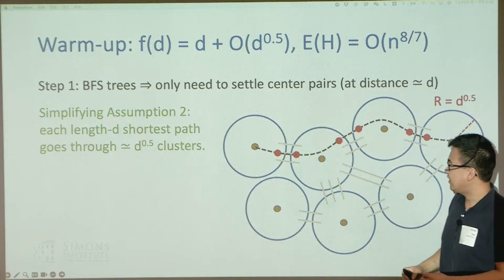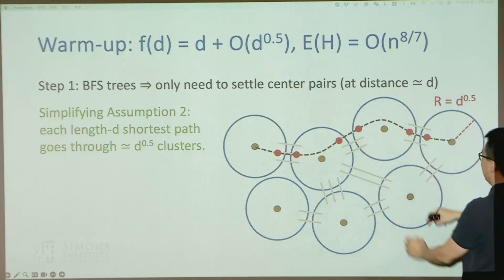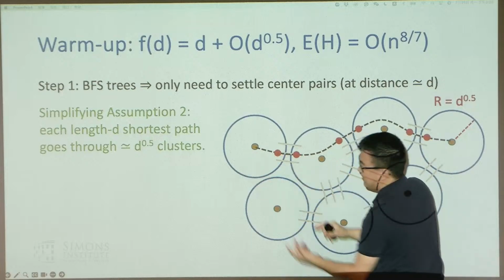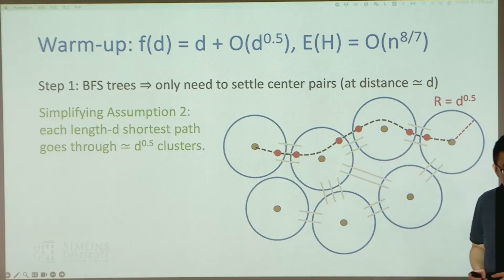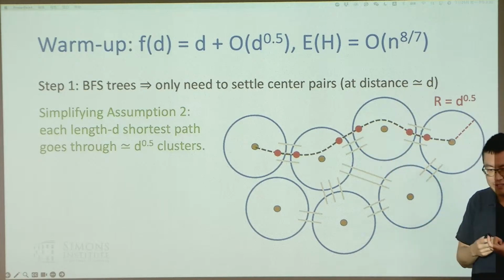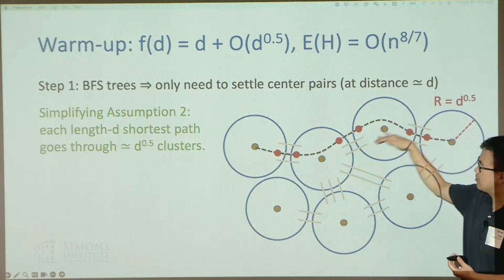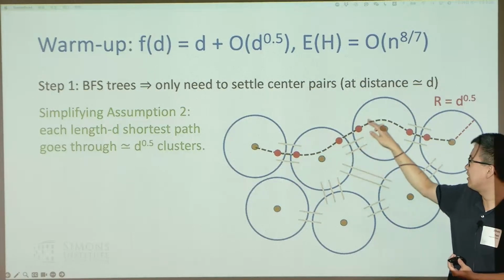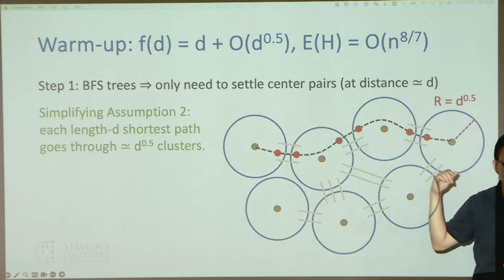If we have preserved these two vertices, and the first and last segments, then we have basically preserved the center pair. Preserved meaning that if we preserve these vertices to within a plus constant error, then accumulatively, as it goes through square root of D clusters, each incurring a plus constant error, the total accumulated error is square root of D as well.